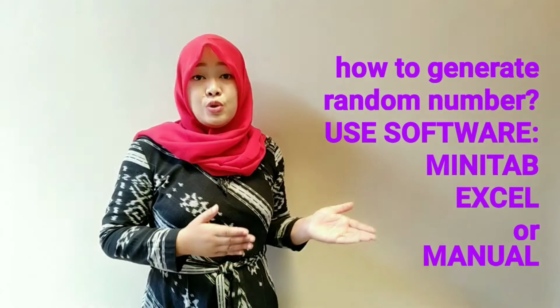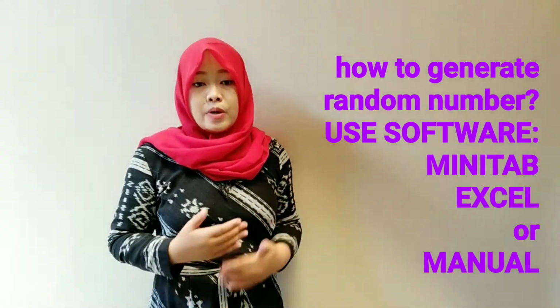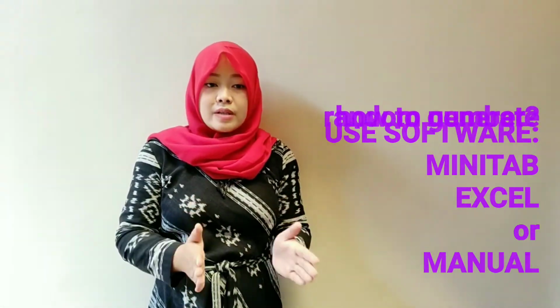When there is a very large population, it is often difficult to identify every member of the population. So, the pool of available subjects becomes biased. You can use software such as Minitab to generate random numbers or to draw directly from the columns.